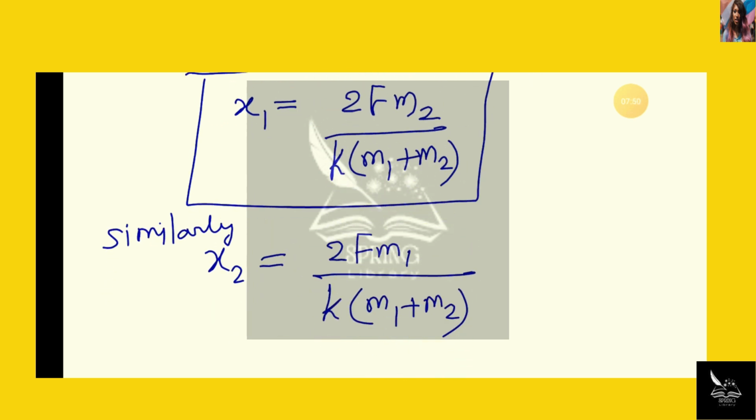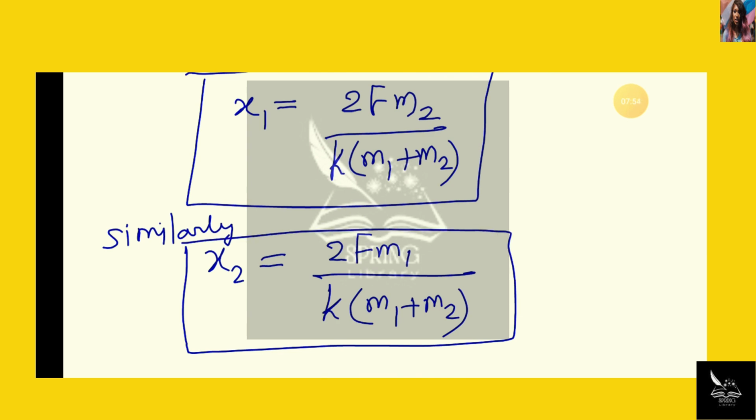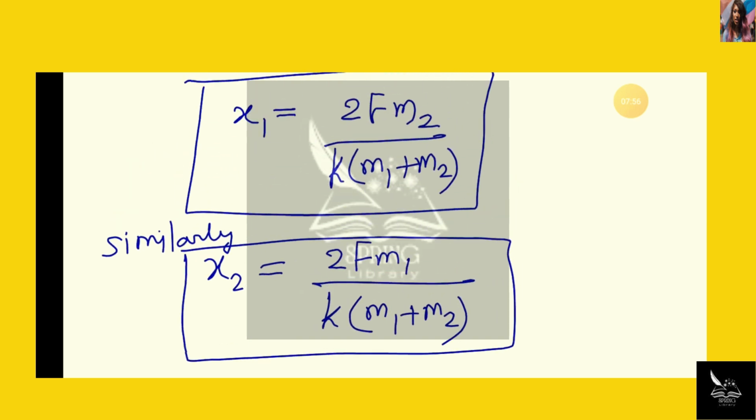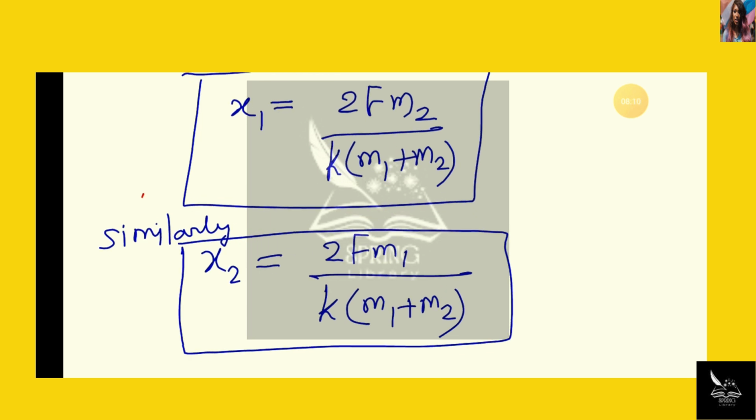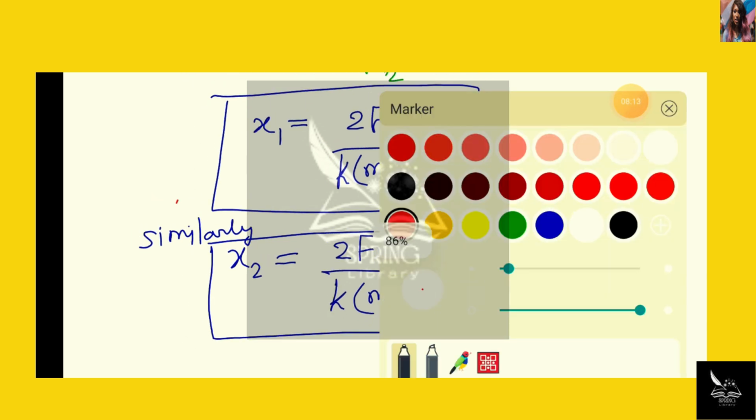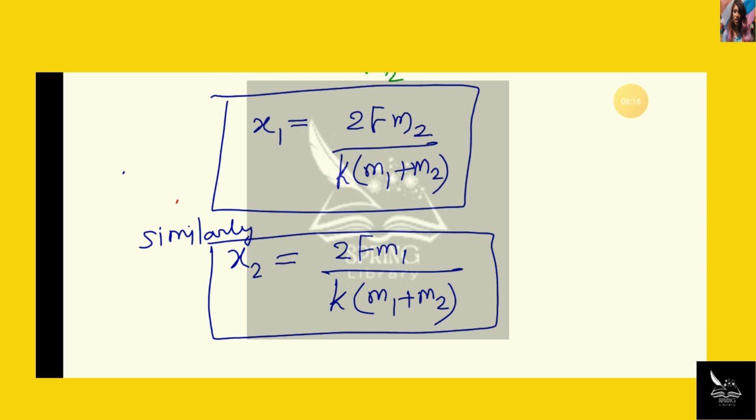This is the extension for the second block having mass m2. As the question asks for the extension in both blocks, I have solved it completely: for the first block the extension is x1 equal to 2f m2 divided by k times (m1 plus m2), and for the second block the extension is x2 equal to 2f m1 divided by k times (m1 plus m2). Hence I have solved the question. Thank you.